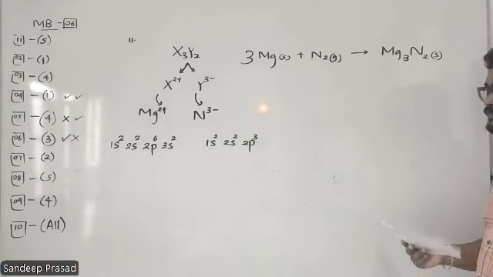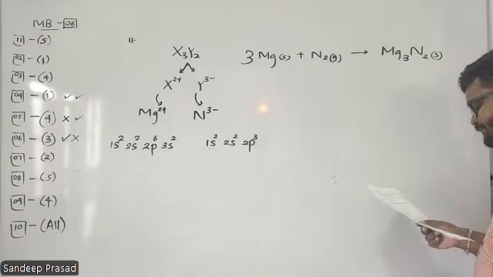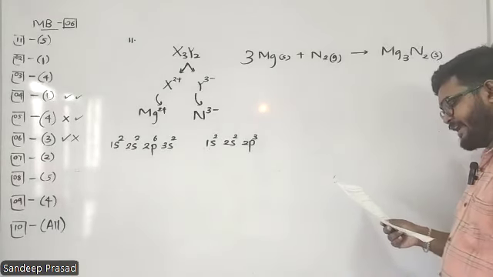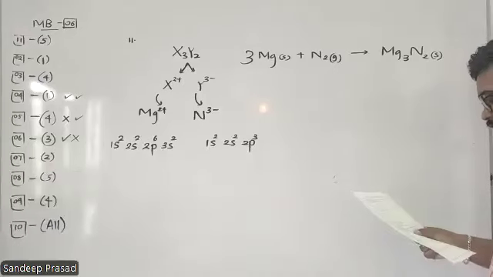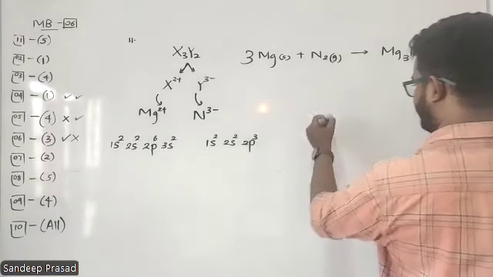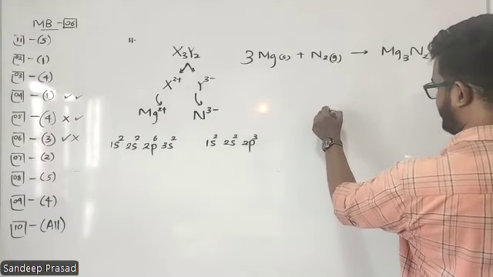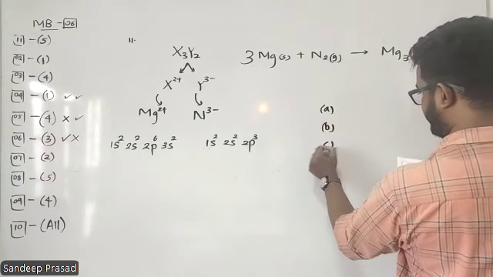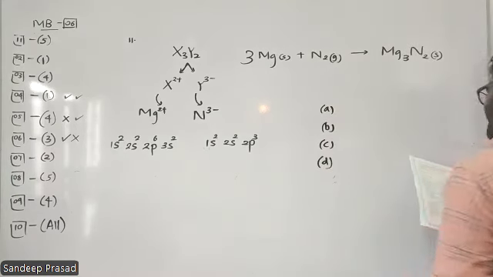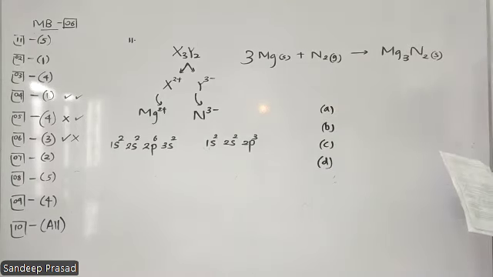Next one. Question number 12. Which is false regarding atomic orbitals? I think that is statement type of a question. A, B, C, D, they have given 4 statements. Simple A statement. No two electrons in an atom can have the same set of quantum numbers.